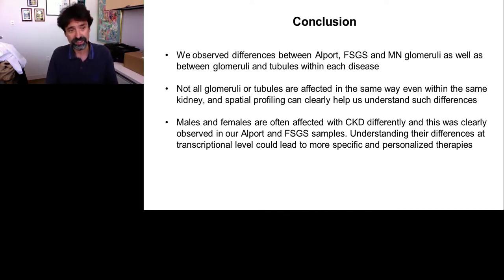It also seems that males and females are often affected by CKD differently, and this was clearly observed in our Alport and FSGS samples. This could be attributed to the variability across samples, but could actually be something that is really sex dependent. So understanding these differences at the transcriptional level and also at the protein level could lead to more specific and personalized therapies.